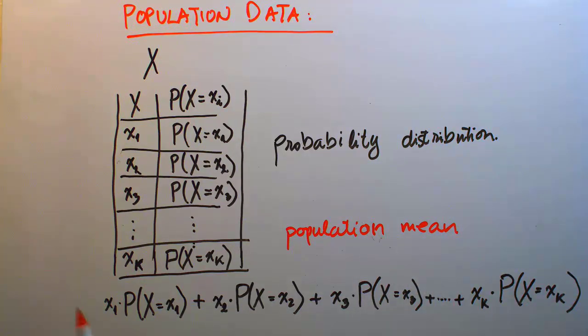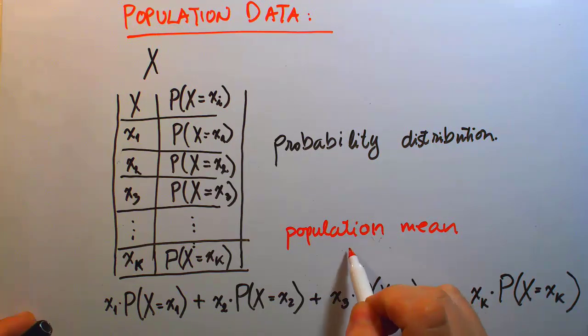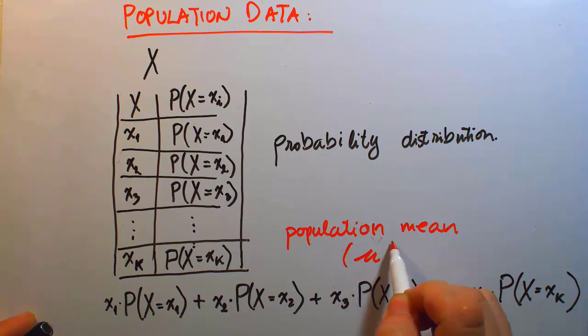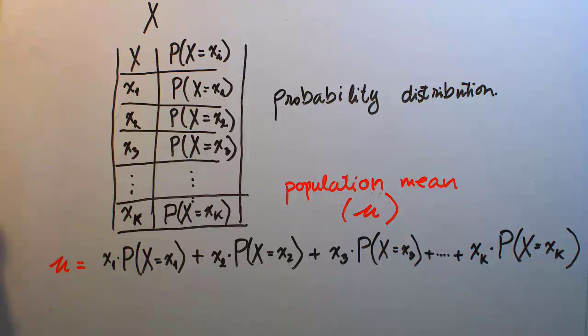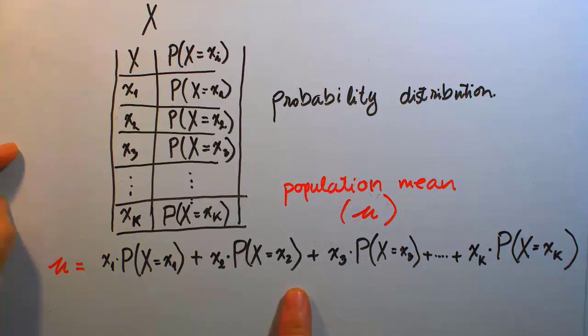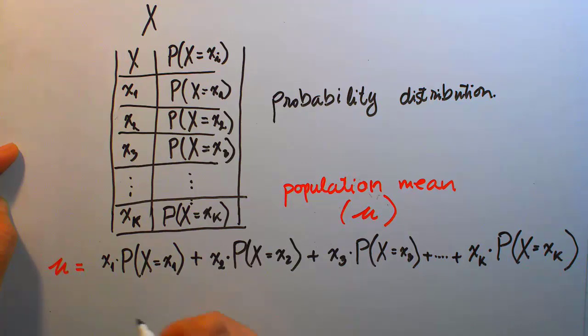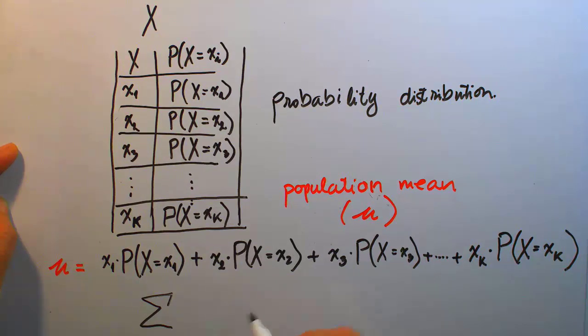And so we use the symbol mu. So here in this formula, mu equals that calculation. And in many textbooks, as well as on many websites, this same formula, calculating the population mean value, is written in a different form using a summation notation.